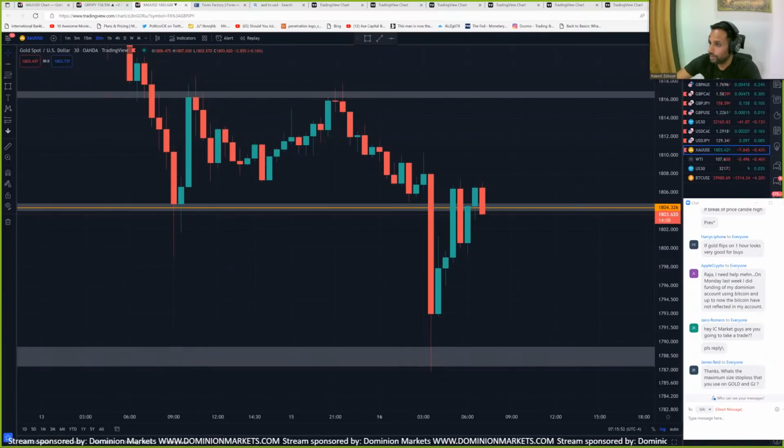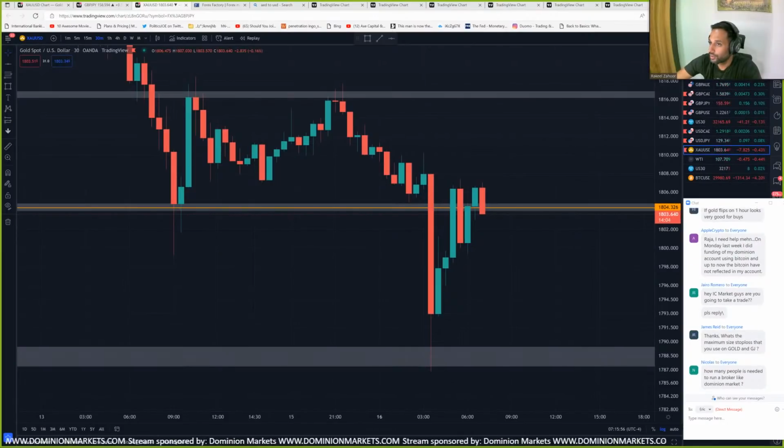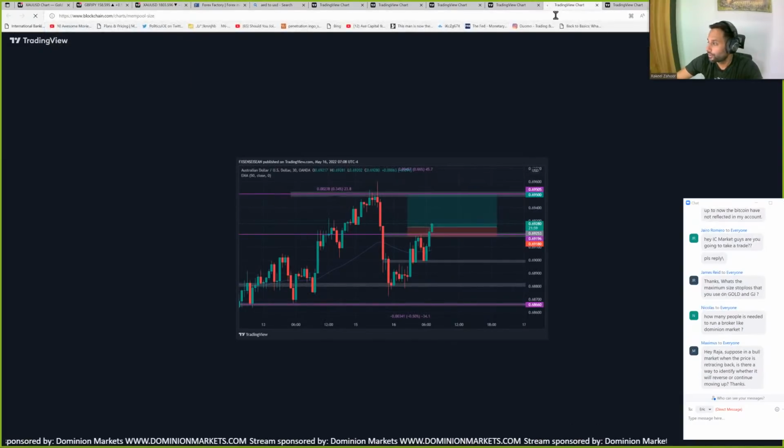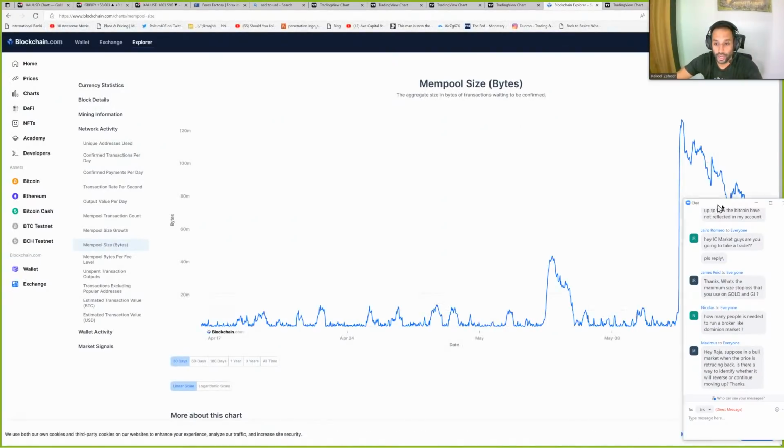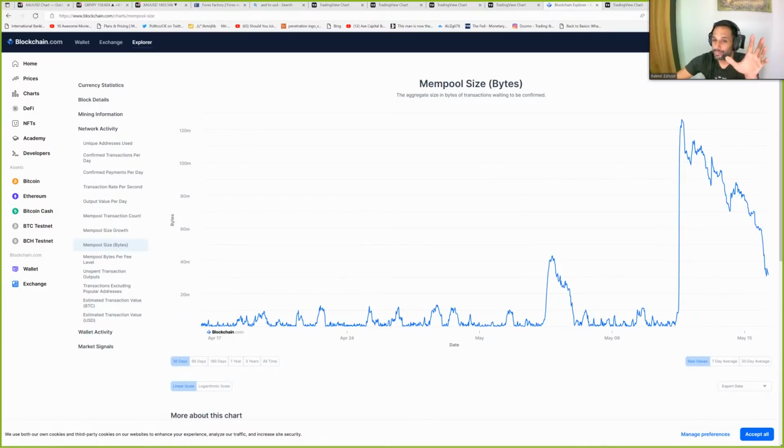Let's see here. Take a look at this right here. Last week was a demolition on all cryptos, right? These are the number of transactions waiting to go through on the blockchain. Last week, however, look at this, May 11th.